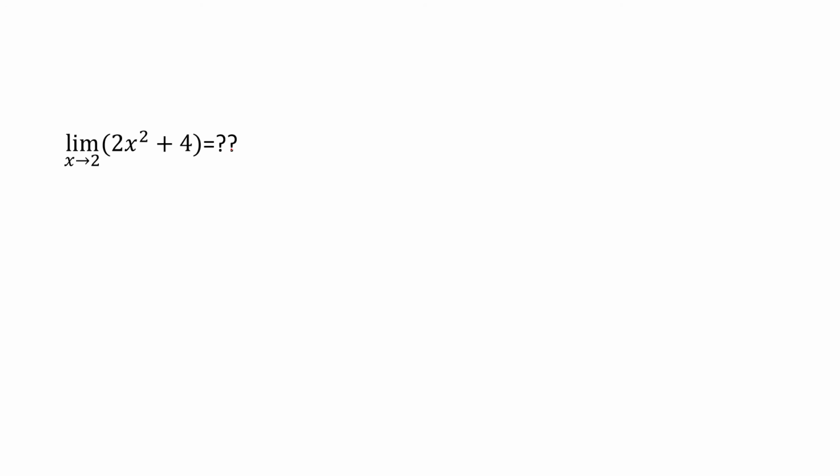Now, let's evaluate the limit of 2 times x squared plus 4 as x approaches 2. Again, I'm just going to write out this quantity. Then the first step is to replace x with 2 and see if it evaluates nicely.